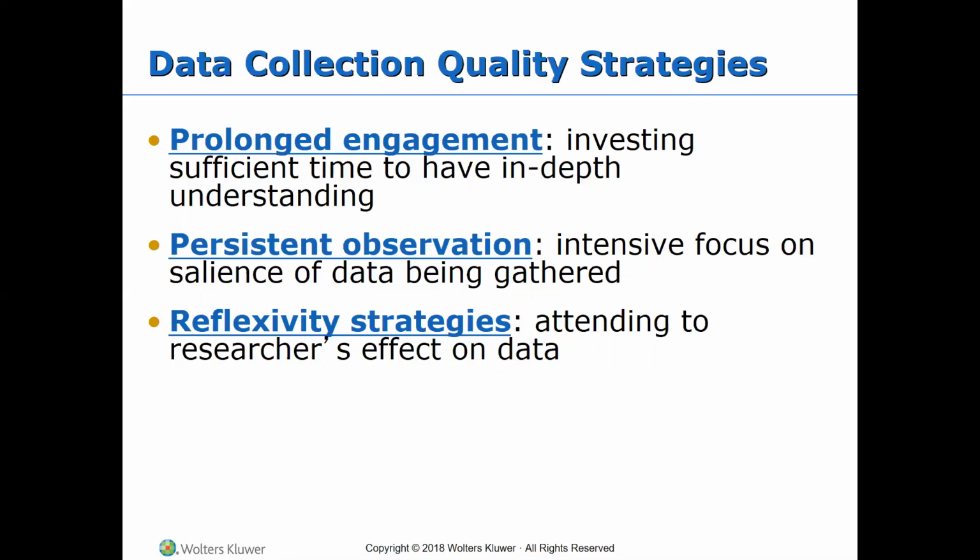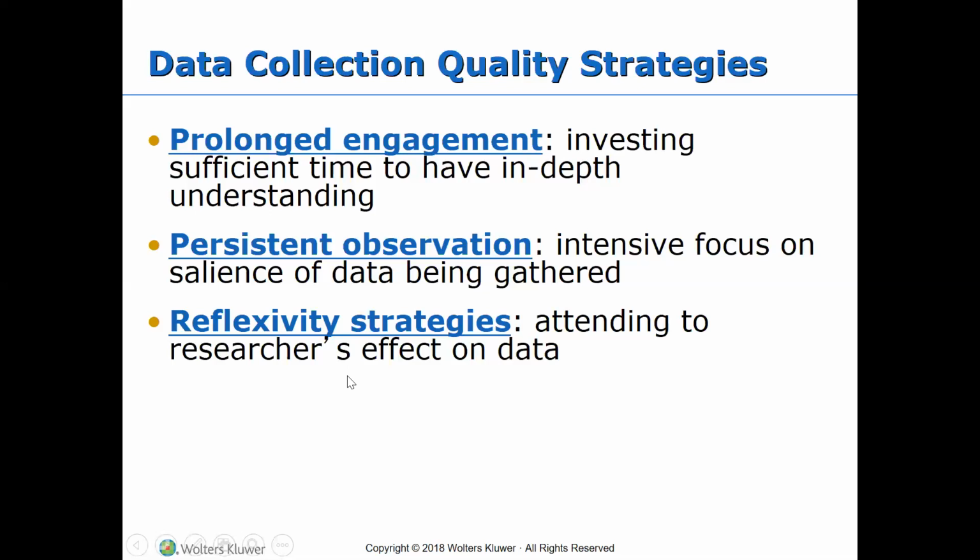Persistent observation, intensively focusing on the meaning. Salience means the meaning of the data being gathered. So thinking about that meaning, and you could see in the way the reports were done in the study with the quotes that they observed that persistently and were thinking about the meaning behind each one of those quotes.